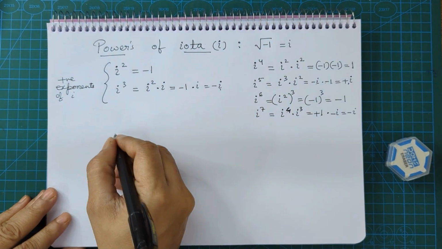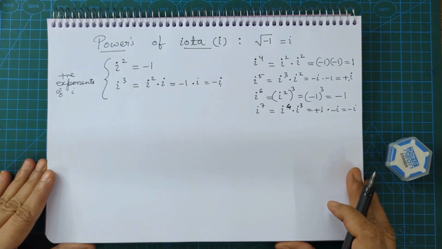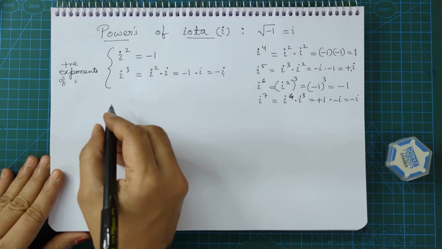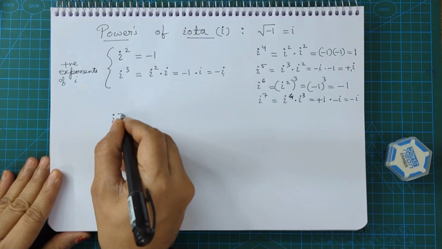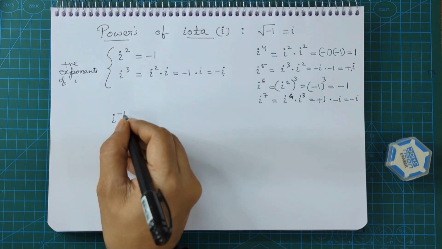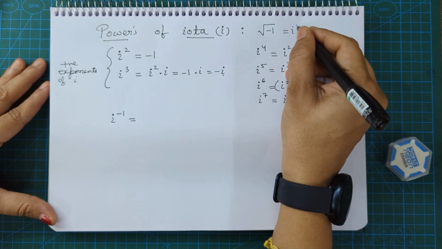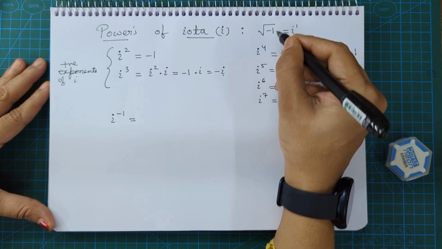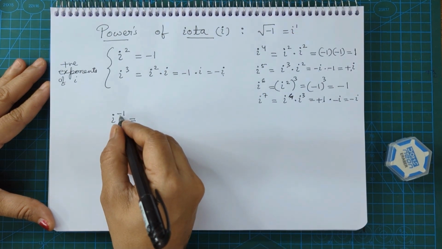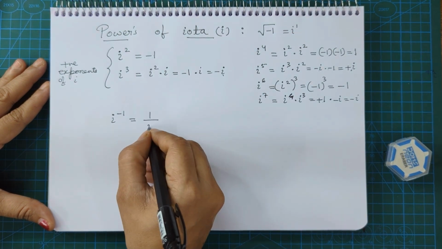Now we'll go for negative exponents of i. For negative exponents of i, we'll begin with i to the power negative 1. First of all, i to the power positive 1 is root over negative 1. i to the power negative 1 is 1 by i.